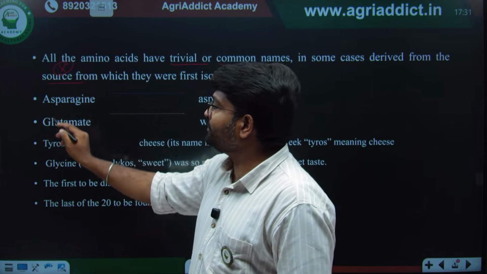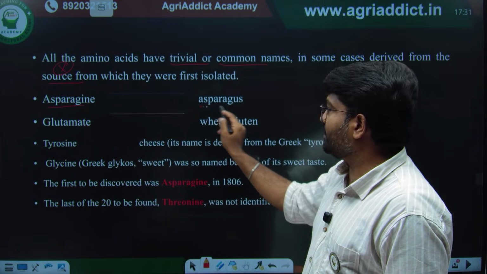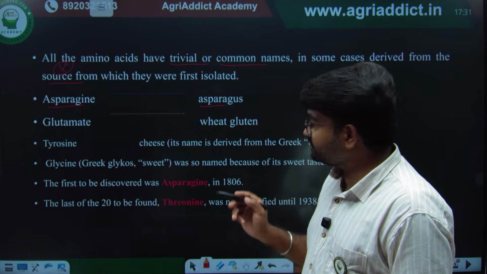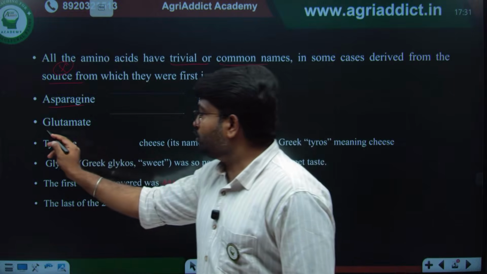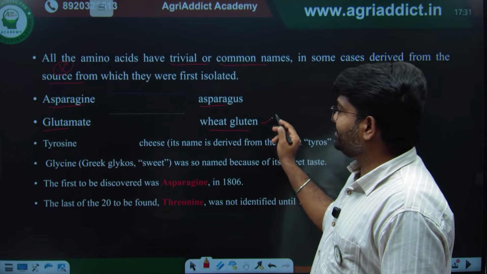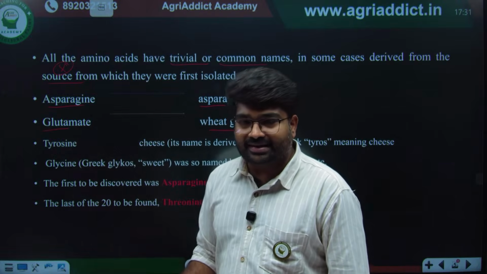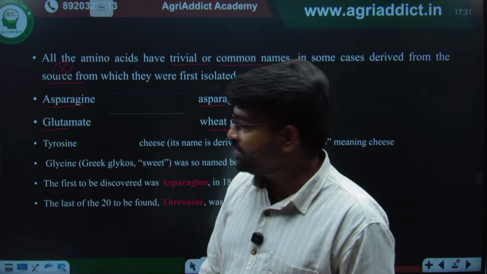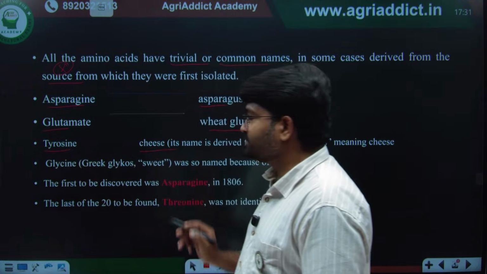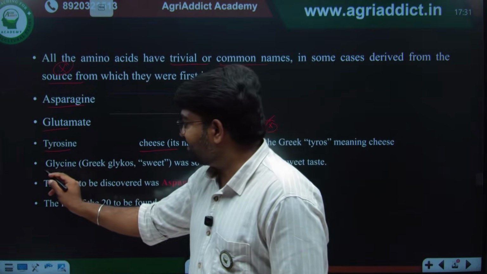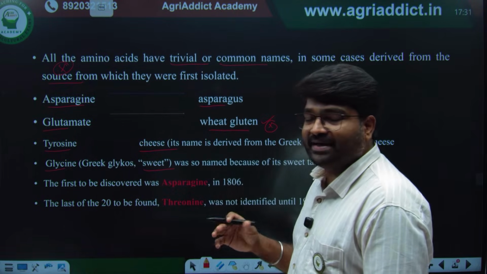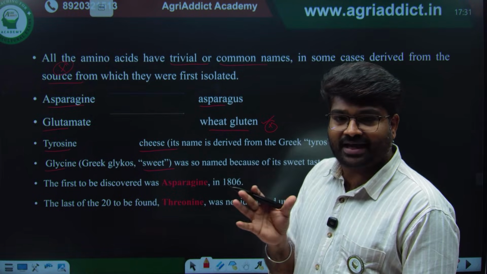For example, asparagine was isolated from asparagus. Glutamate from wheat gluten. This is very important: wheat gluten has a predominance of glutamate. Tyrosine from cheese. Glycine means sweet, since it is sweet in taste. That's why they gave the name glycine.